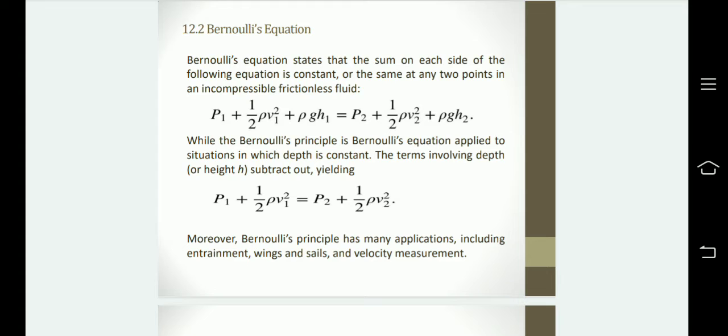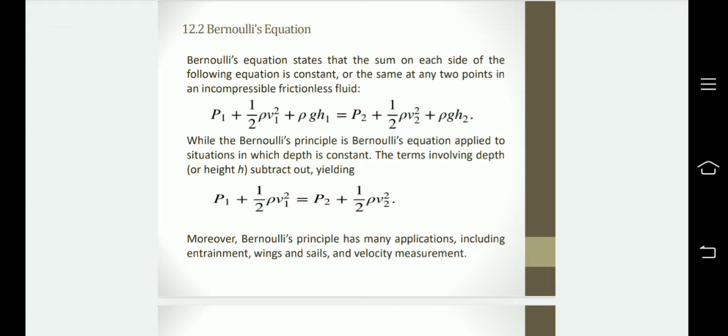volume. Another important situation is one in which the fluid moves but its depth is constant. That is, h sub 1 is equal to h sub 2. Under that condition, Bernoulli's equation becomes P sub 1 plus 1/2 ρv² sub 1 is equal to P sub 2 plus 1/2 ρv² sub 2.